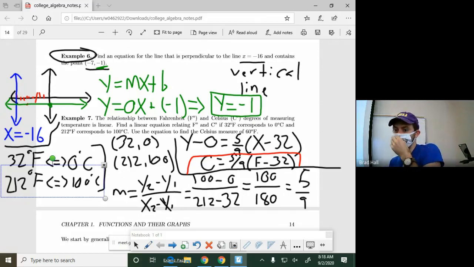But really, you could have switched Fahrenheit and Celsius, gotten an answer with F isolated, but then your answer choices would have had C isolated. So you would have thought, did I do something wrong? Well, no, it's because they kind of tricked you. So what you're trying to find is Y. You're trying to isolate a specific temperature, and the multiple choices all have C, or Celsius, as the isolated temperature.